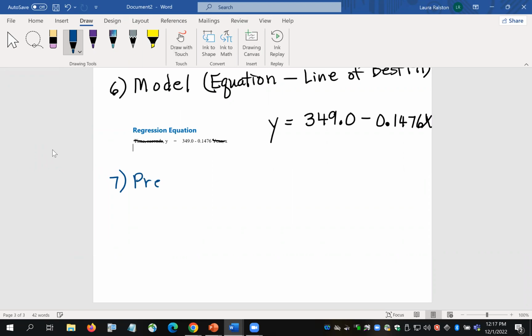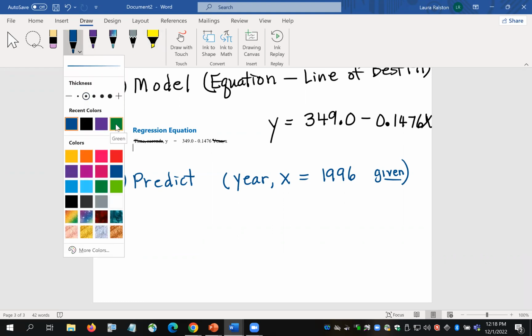You're going to be asked to make a prediction. They're going to give you that the year, which is your X, equals 1996. That was given in the problem. So you'll be given that value. Don't overthink it. It's a plug and chug.